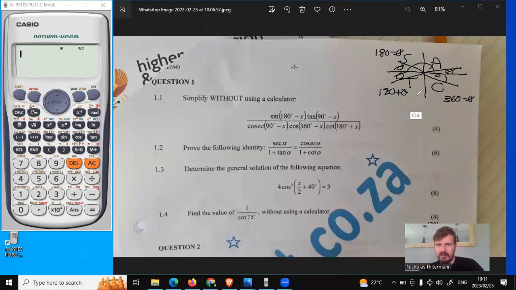Okay, but we can just learn that parrot fashion anyway, and rely on our calculators. Even if you don't understand this, we can still get through without a problem.